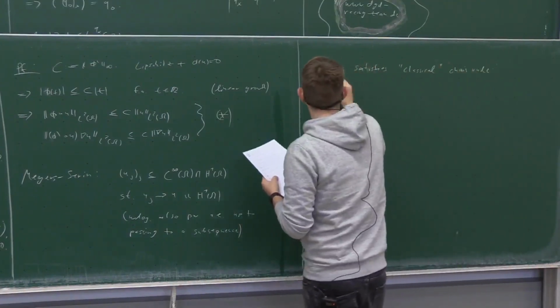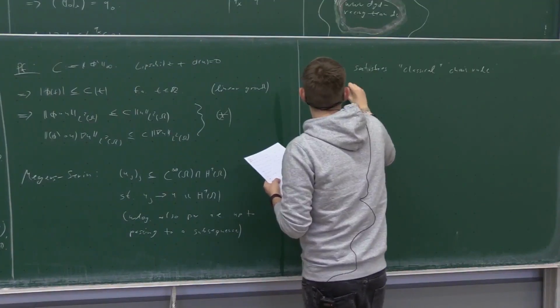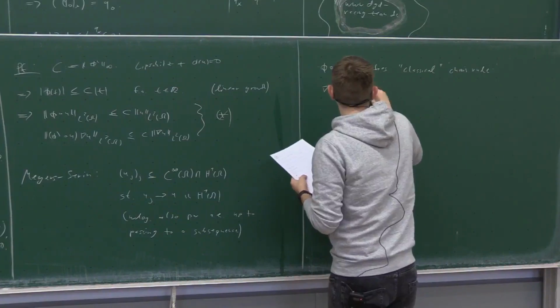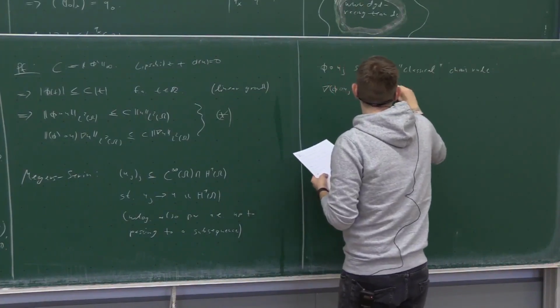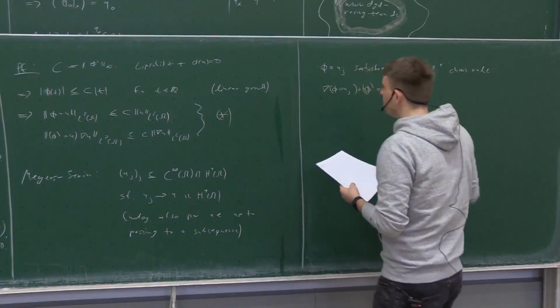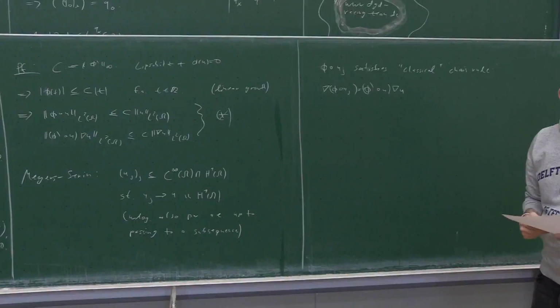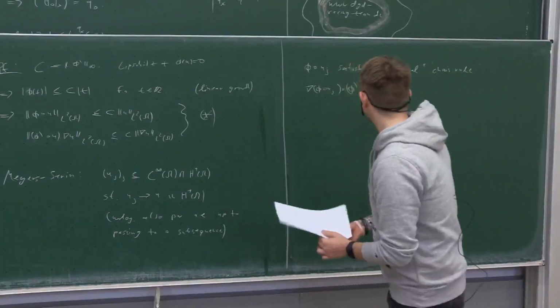So then this gives me that the gradient of phi after uj is phi prime after uj times the gradient of uj. Now, for the first question, is this also in H1? There I can use my star.